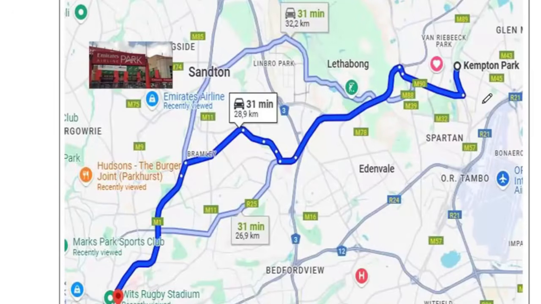Simple calculations. We're talking of M90, this blue. If you follow the M90, what's the distance? 28,9. Yet when she uses R25, which is here, it covers a distance of 26. So what's the difference? That's what we want to know.